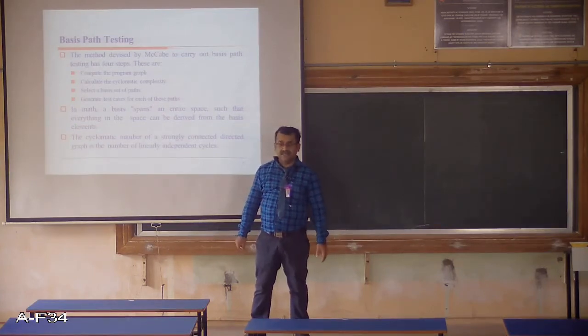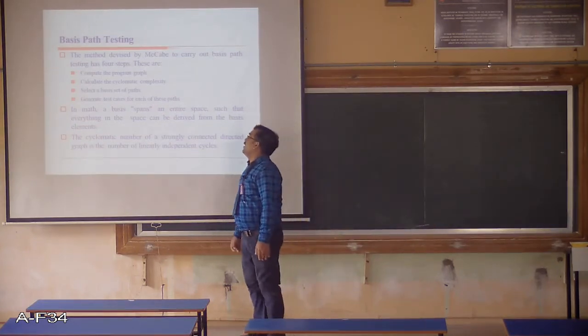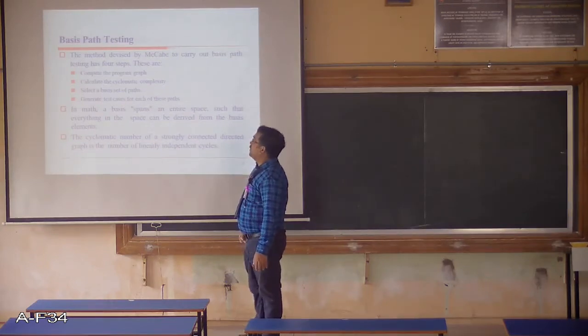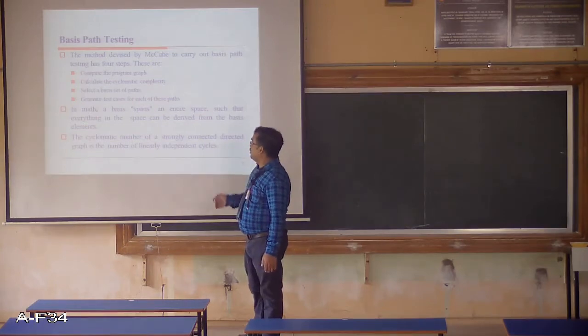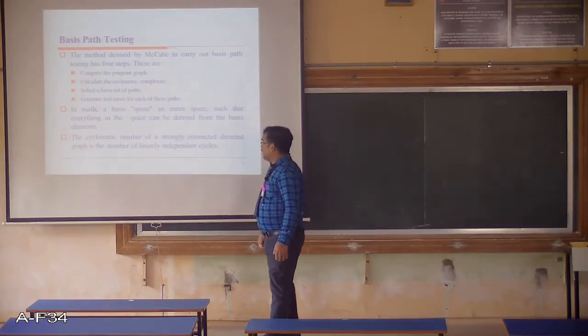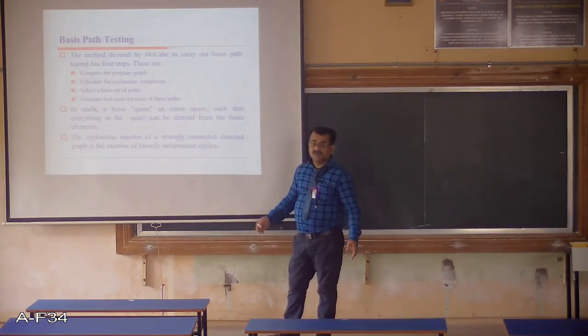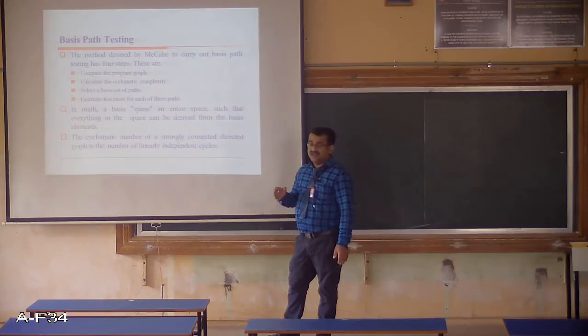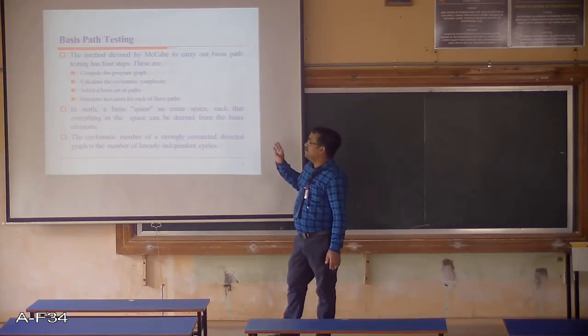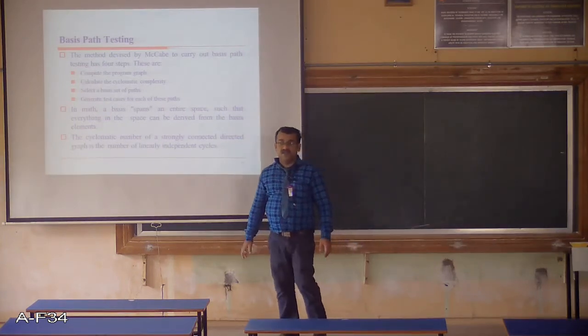Then calculate the cyclomatic complexity, which I'll come to shortly. Then select a basis set of paths, the basis vectors, and then generate the test cases for each of these basis paths.